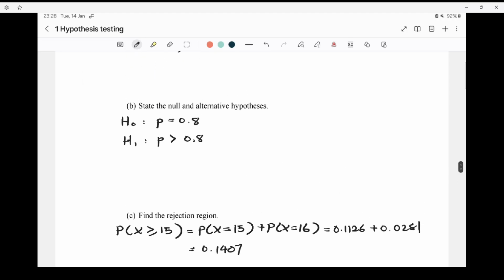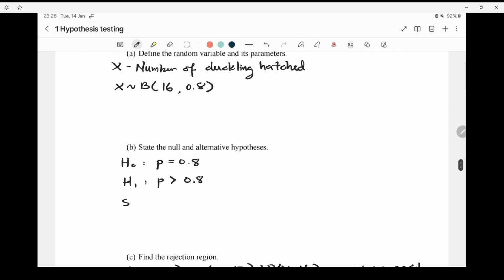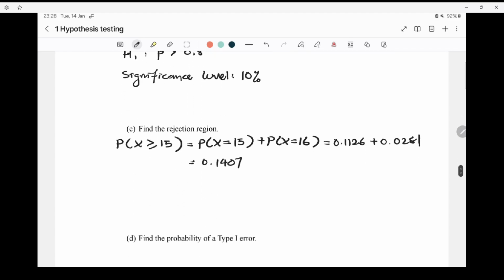Sorry, this is a one-tailed test. So your significance level is 10%. When x equals 15, this is more than 0.1. And then when x equals 16, this is less than 0.1. Therefore, the critical value will be 16.